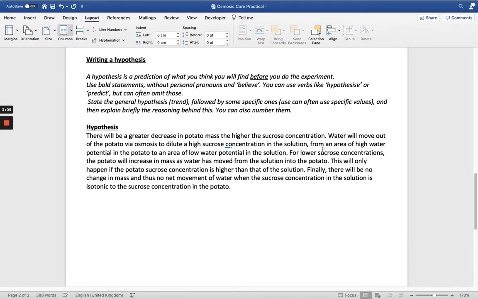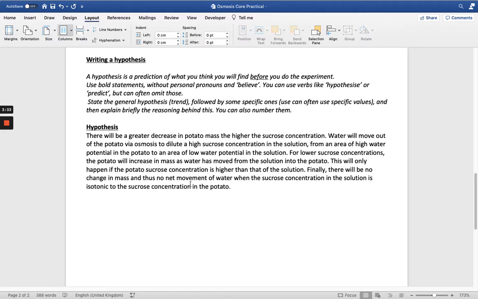So this is an additional hypothesis, and I'm now using specific values. I could actually say the value, so I could write 0.1 or 0.2, whatever that sucrose concentration is for my experiment. This will only happen if the potato sucrose concentration is higher than that of the solution.